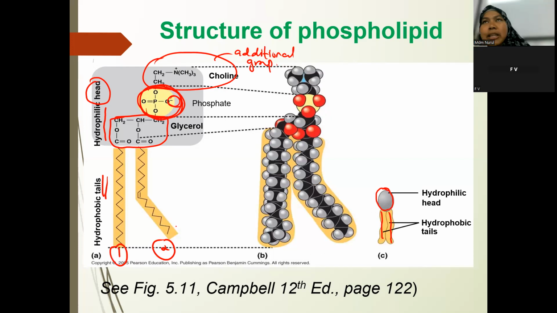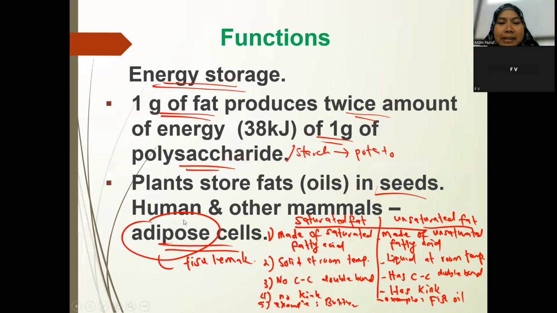Kenapa awak tahu 1? Tak ada no carbon to carbon double bond. Ada lagi satu kat sini, sebelum nombor 5 ni. Ni nombor 6 ni.